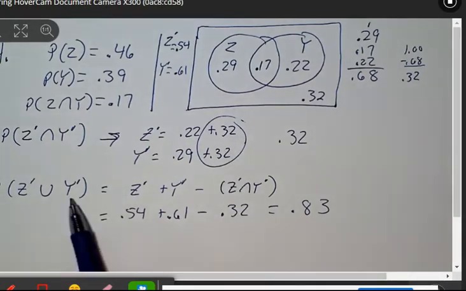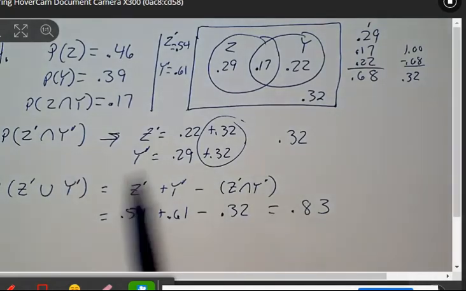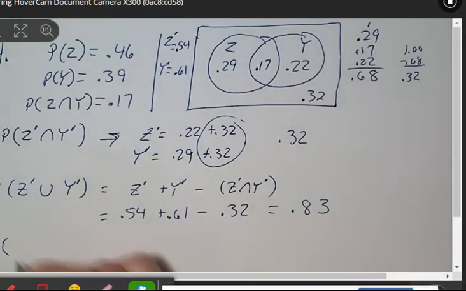But anytime you're doing the union, if they just gave you the intersection, then you can go back and do the formula on that one.